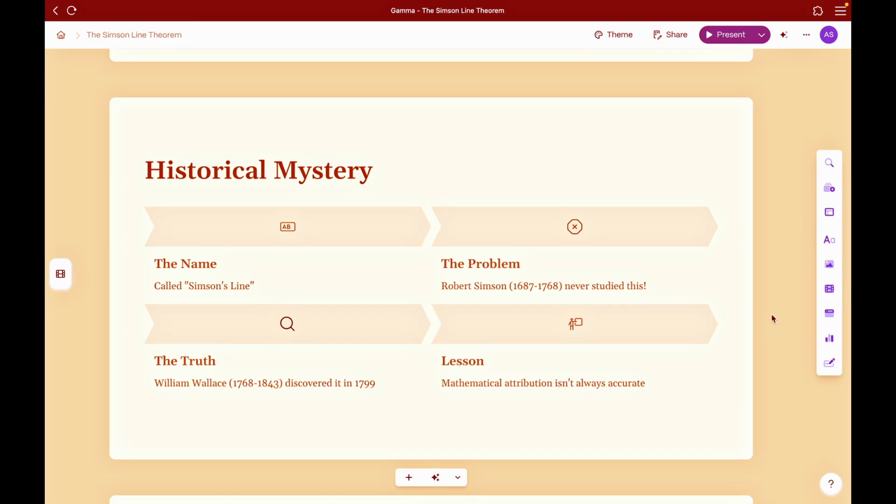Now, the truth is, William Wallace, 1768 to 1843, who was actually born on the year of Robert Simson's death, discovered it in 1799. So sometimes it's called the Wallace-Simson theorem or the Wallace-Simson line. And the biggest lesson over here is that mathematical attribution isn't always accurate, and it's still like that all around the world.